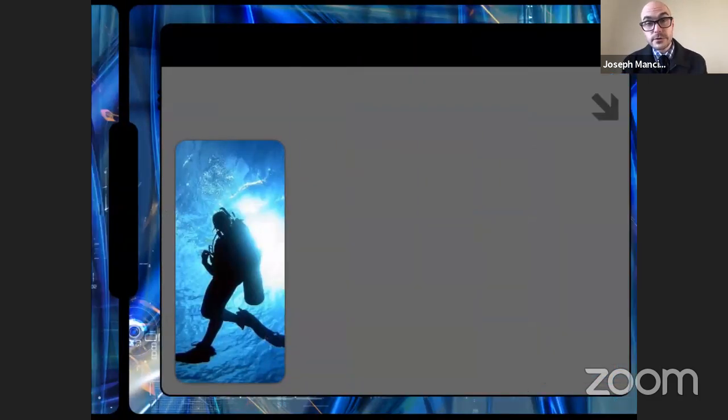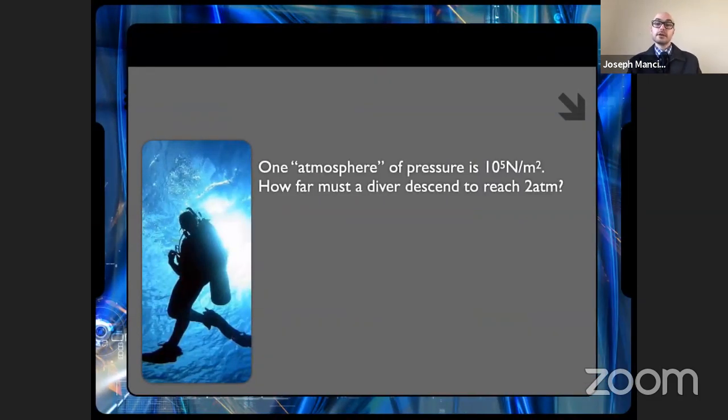So those of you who are divers know that you have to dive to a certain depth to experience 1 extra atmosphere of pressure. Well, 1 atmosphere of pressure is defined as 100,000 newtons per square meter. That's about the average air pressure at sea level. How far underwater would you need to descend to reach an absolute pressure of 2 atmospheres?